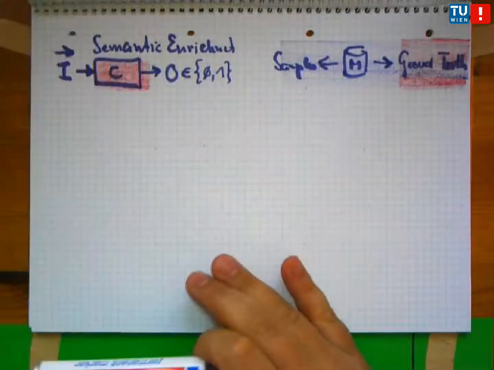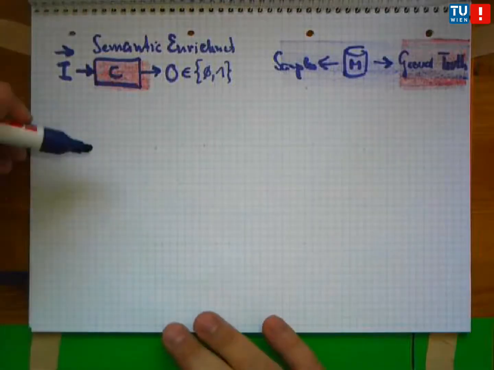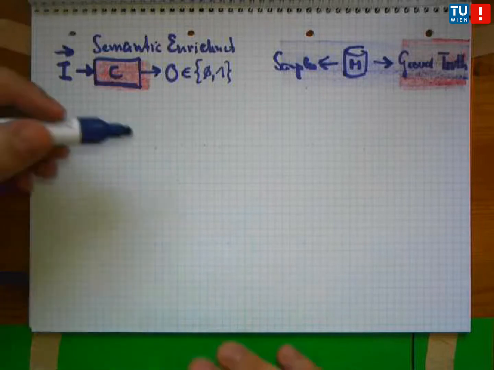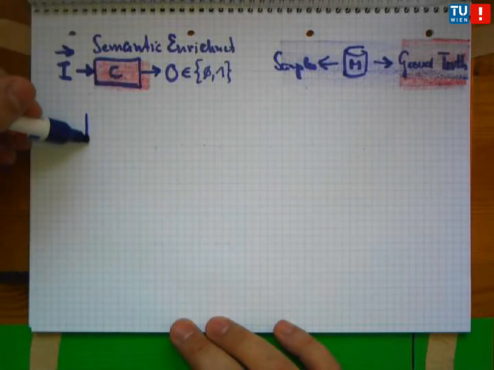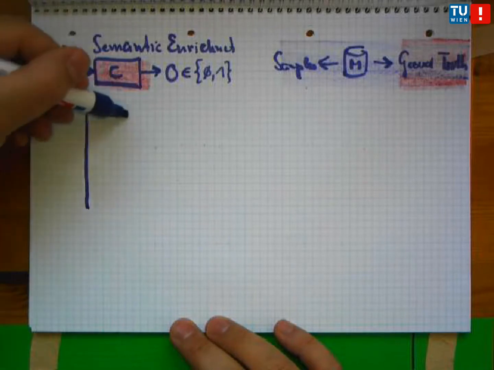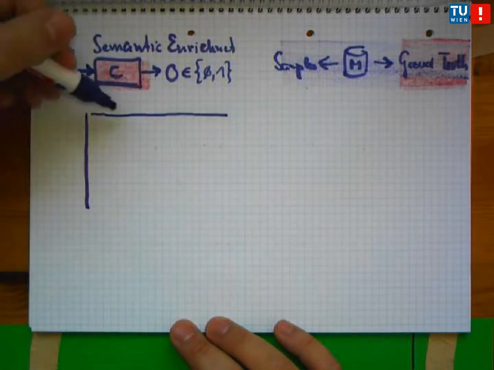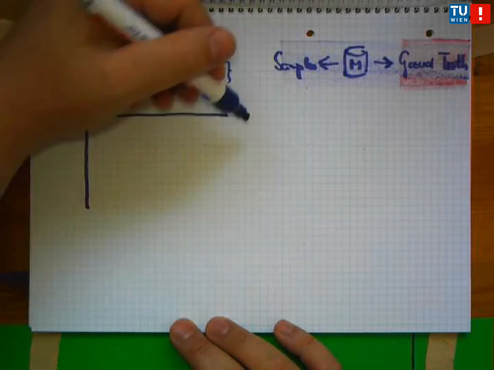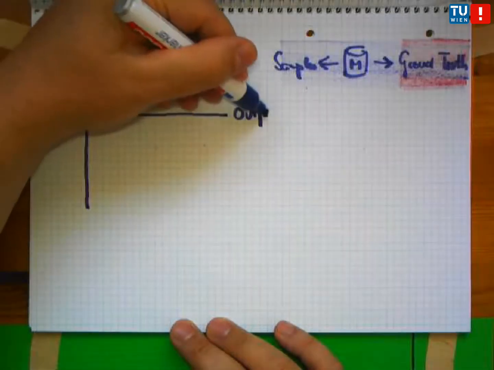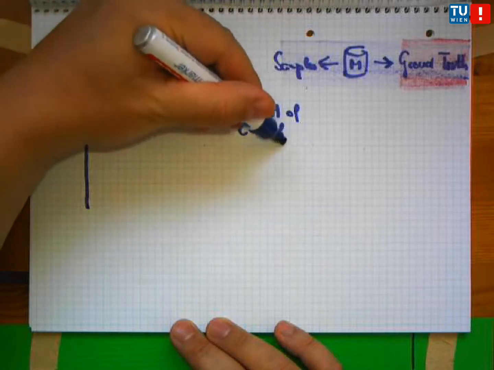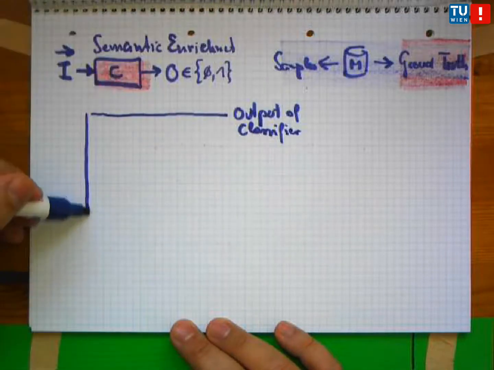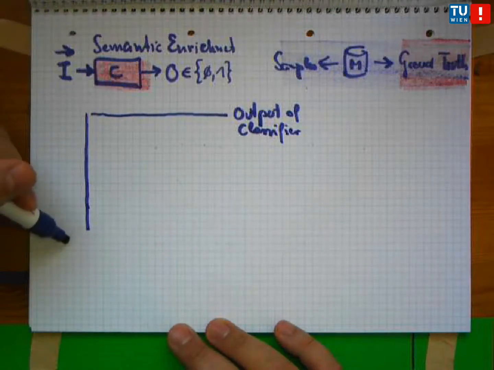What you compute first is a twofold matrix which has 4 elements and 2 dimensions. One dimension is the output of your classifier, and the other dimension is the ground truth.